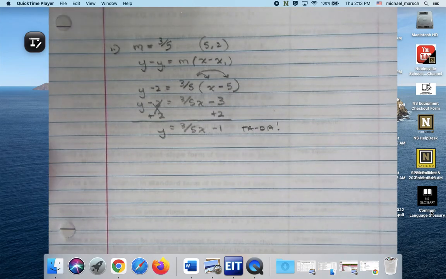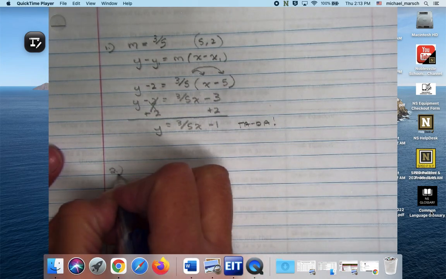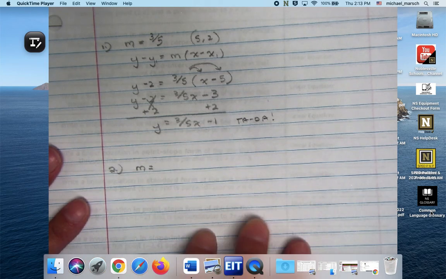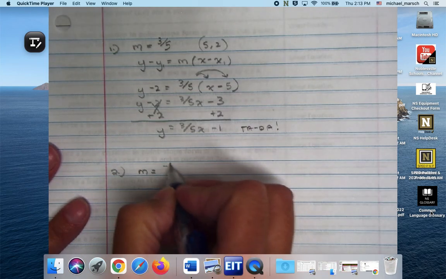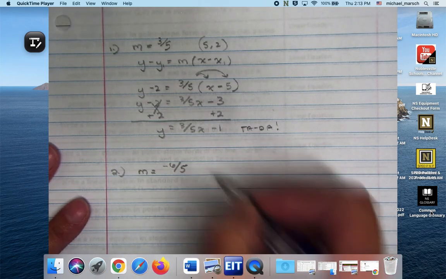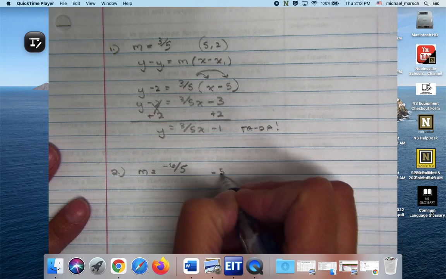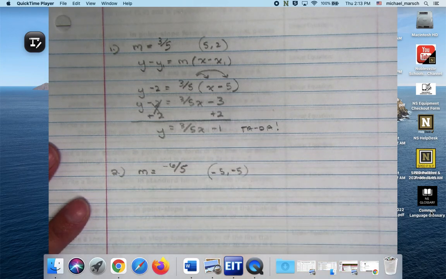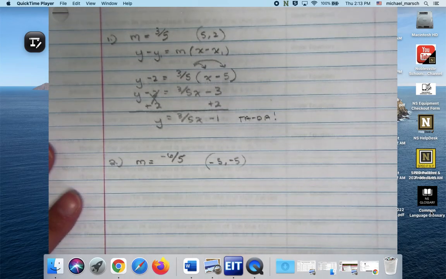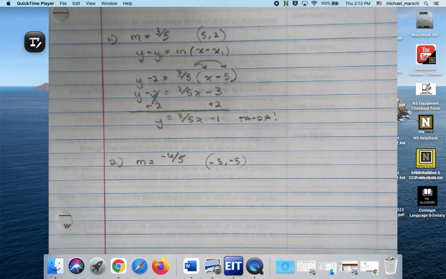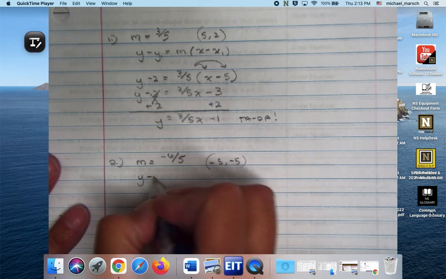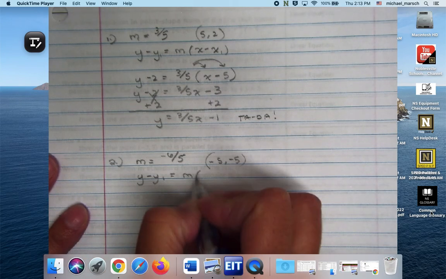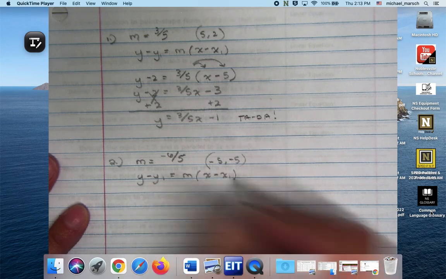So let's do problem number 2. Our slope is still going to be the same that's given, so negative 6 over 5, because it's parallel. And our point is negative 5, negative 5. So we're going to go through the exact same process, except just an extra step at the end. So y minus y1 equals m times the quantity x minus x1.